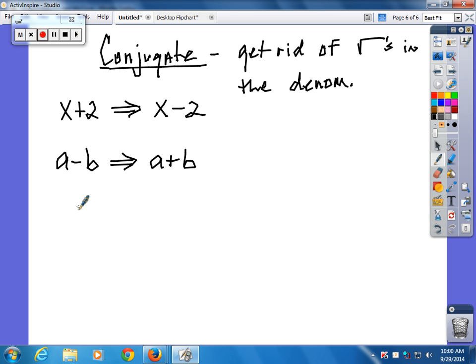The square root of 2 over the square root of 7. Now, we're not using the conjugate here, we're just rationalizing. You want to rationalize the denominator.